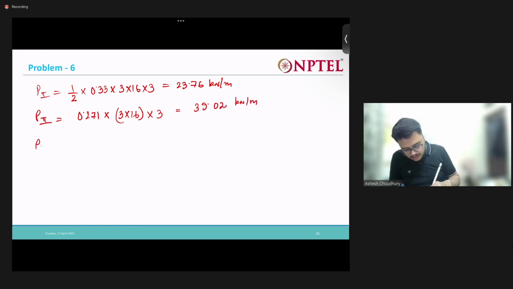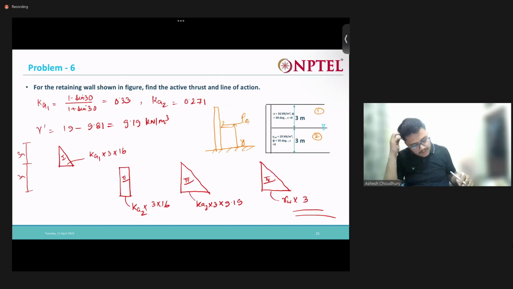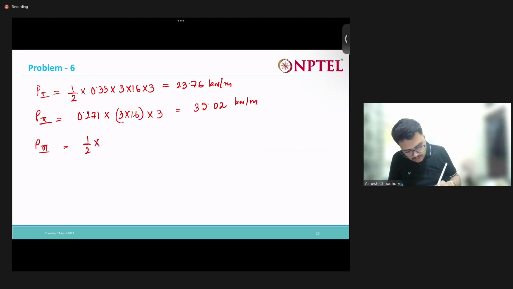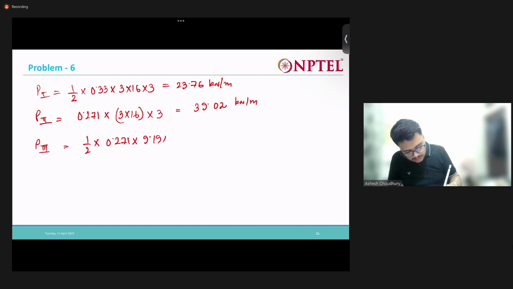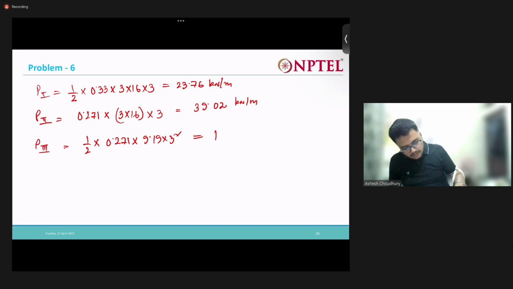Then P3 is this one, so half into K2 into 9.1 into 3 square, right? How much is this one? 0.5 into 0.271 into 9.1, 11.2.